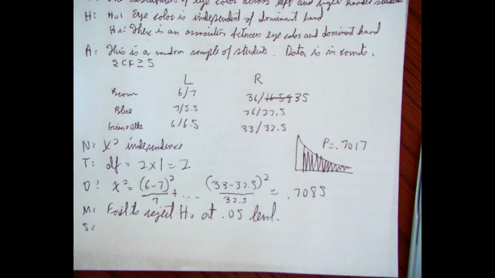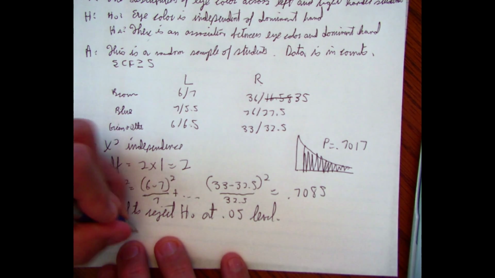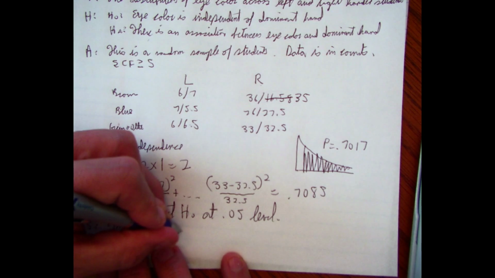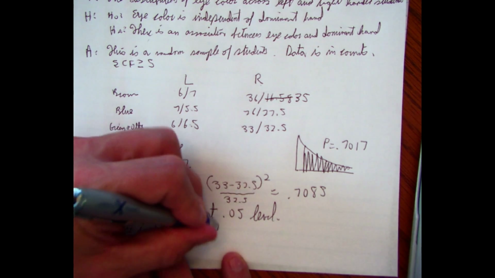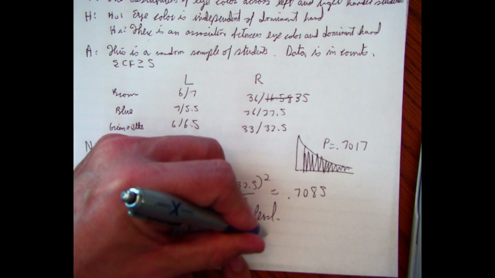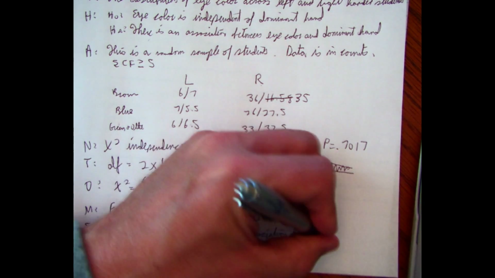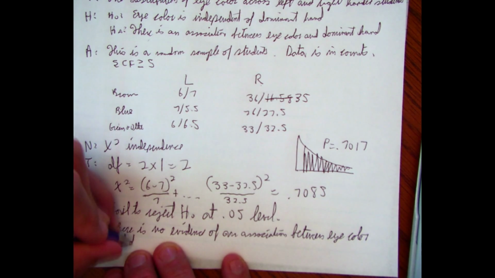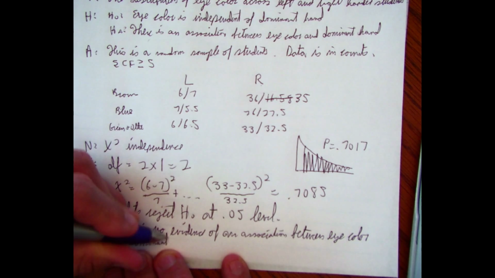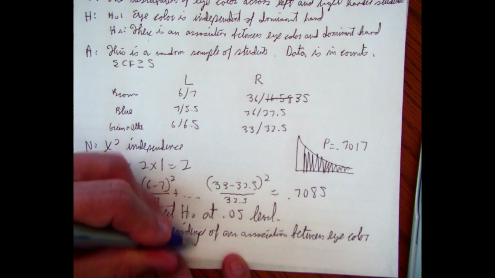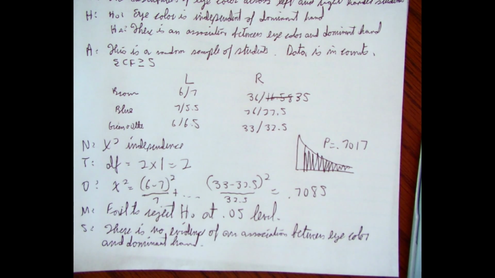Okay, so all you say is there is no evidence of an association between eye color and dominant hand. And that's it. So that's a chi-squared independence test from start to finish.